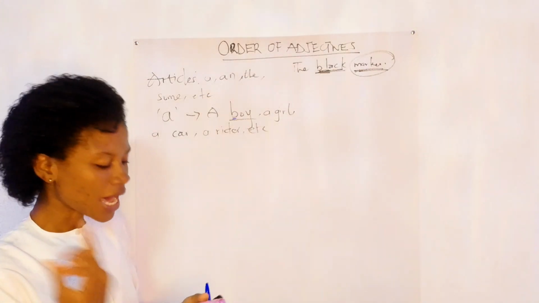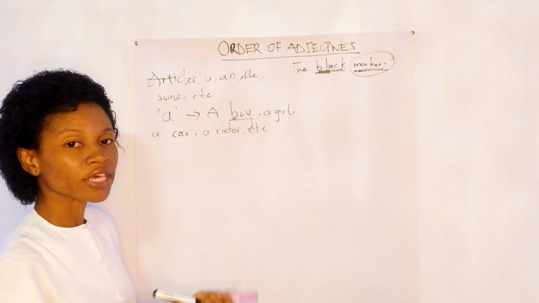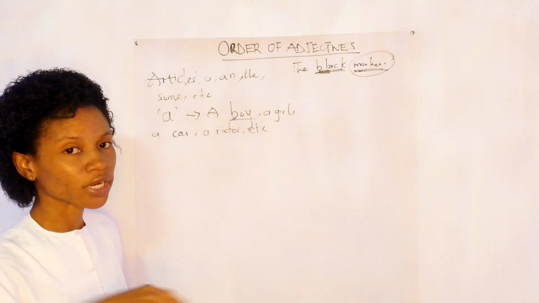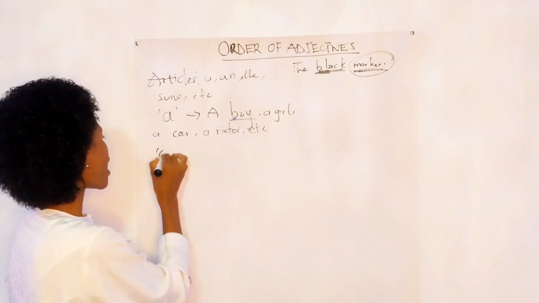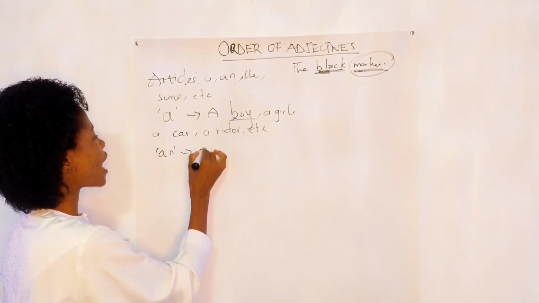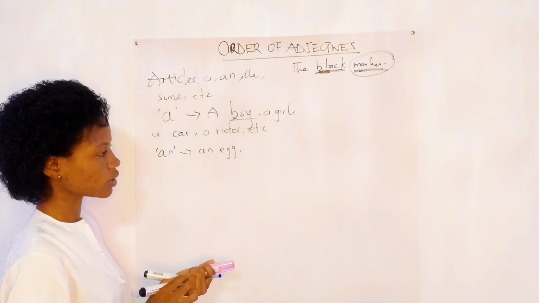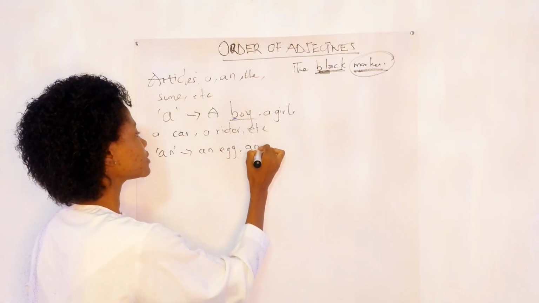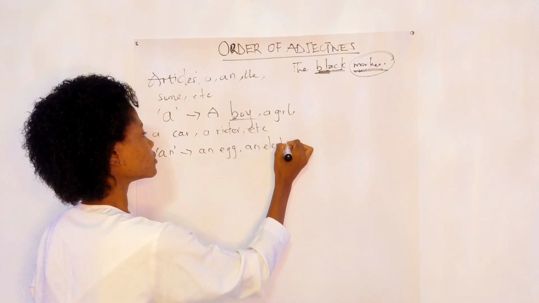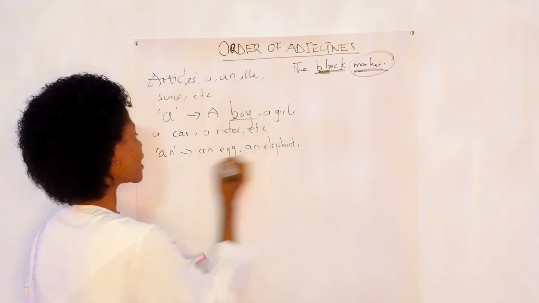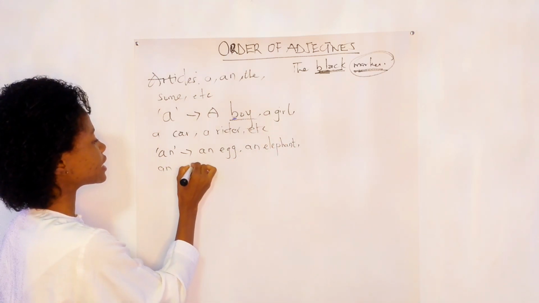And then we use an when the word begins with a vowel. For example, an egg. What else? An elephant. An air conditioner.